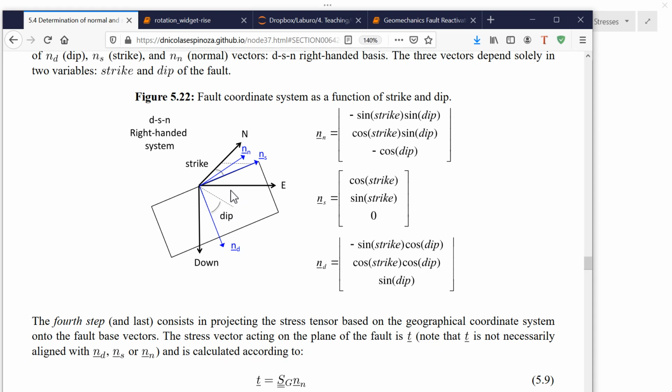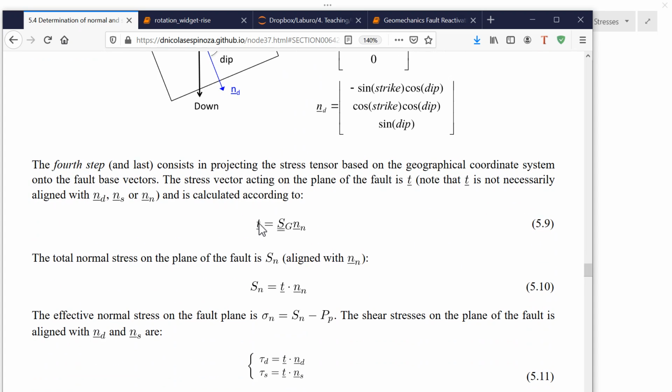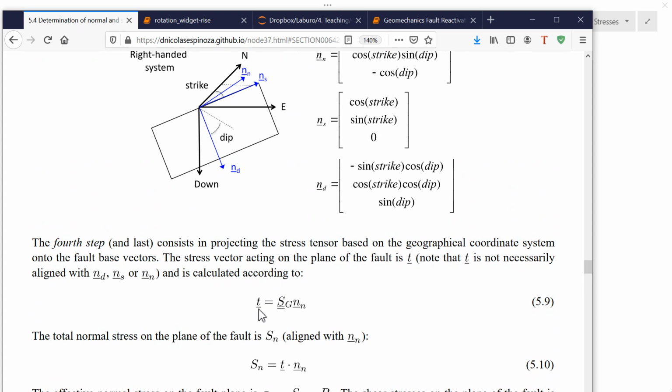Okay, now with these vectors NN, NS, and ND, we can finally apply the math that we worked on at the beginning. The stress on such a fault or fracture is just going to be equal to, if we're working in the geographical coordinate system, SG times NN.